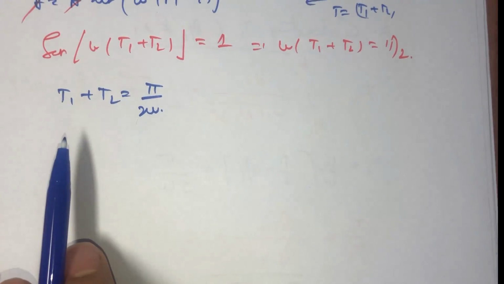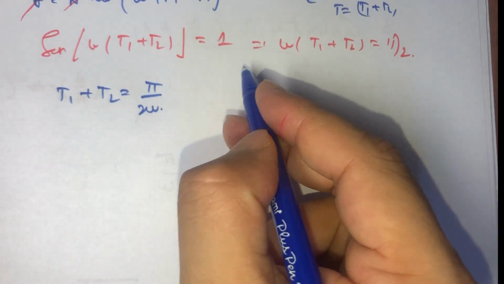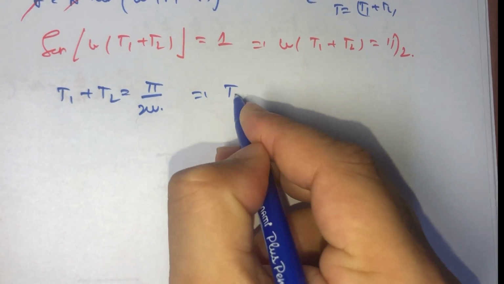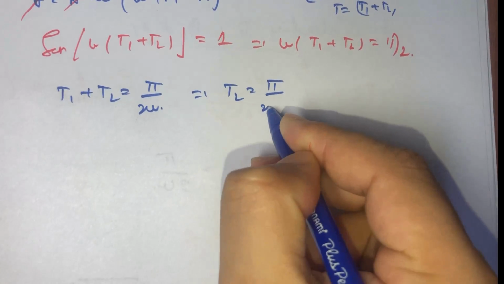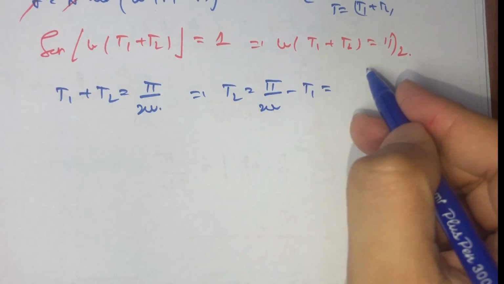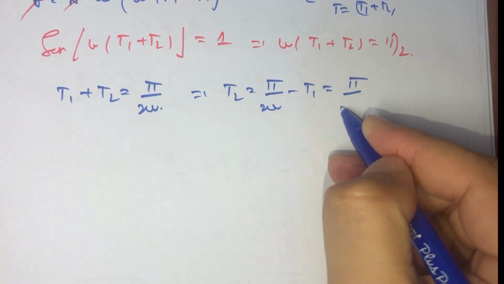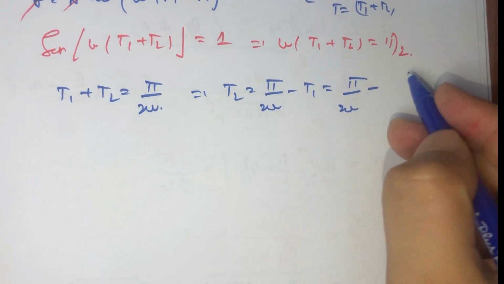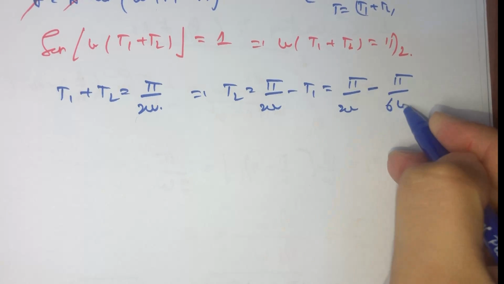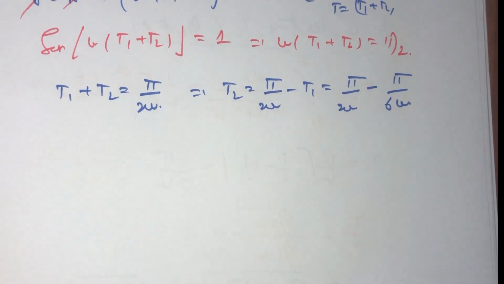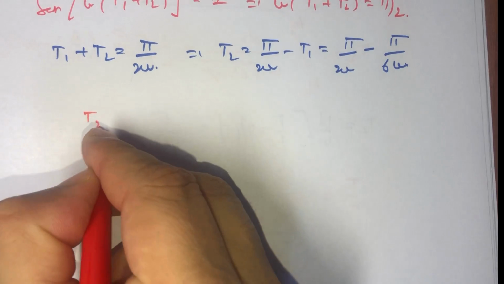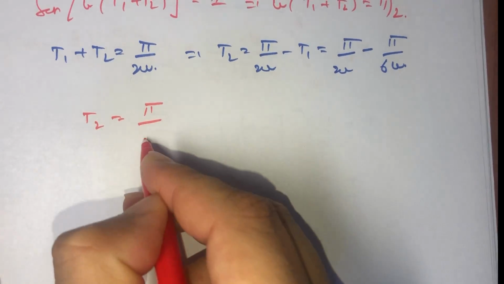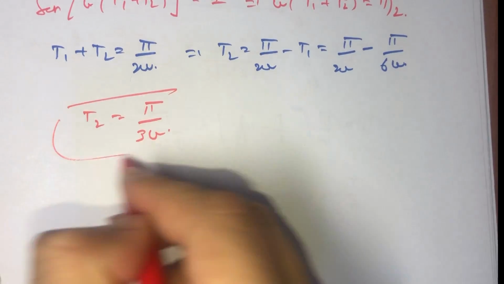We already found our t1, so from here we can calculate that t2 is equal to pi upon 2 omega minus t1, which is pi upon 2 omega minus pi upon 6 omega. So we got that t2 is equal to pi upon 3 omega.